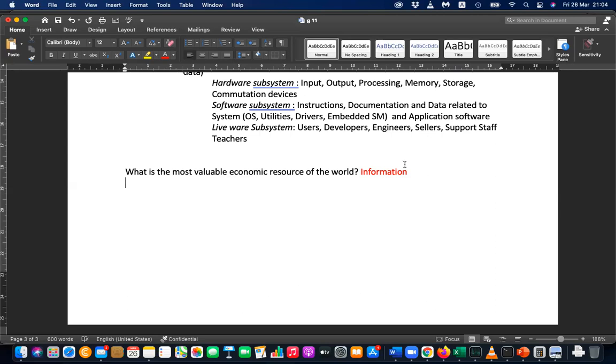Because what Microsoft is having is information, what Jeff Bezos is having is information, what Facebook is having is information, none other than that. So it's such a critical, valuable economic resource, and it needs careful engineering.